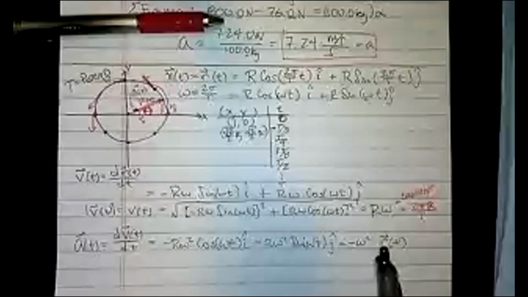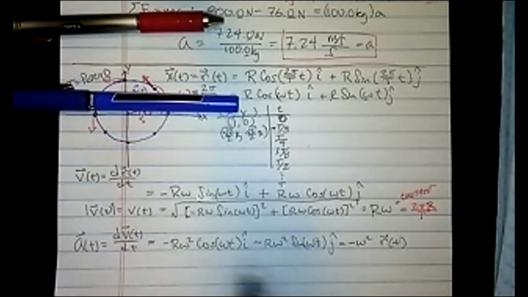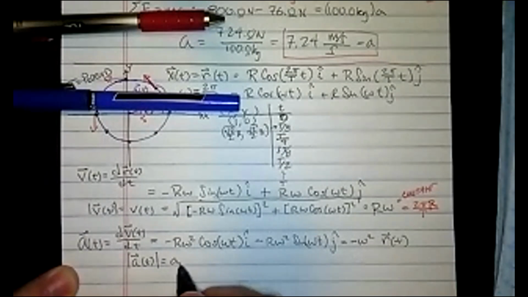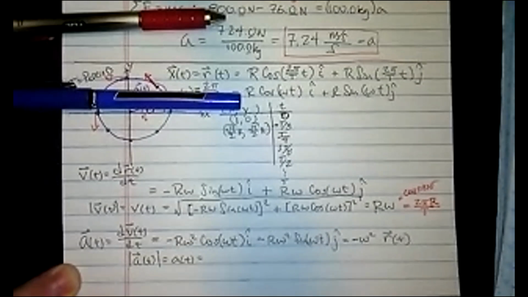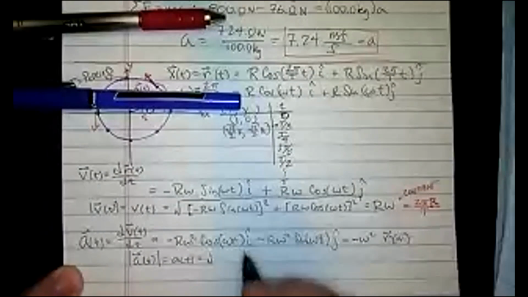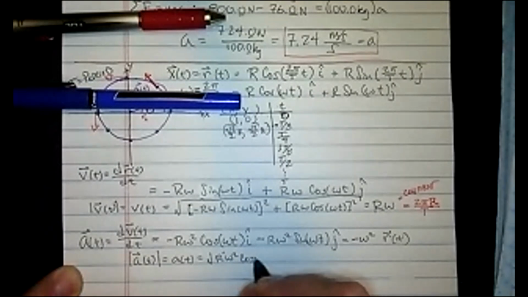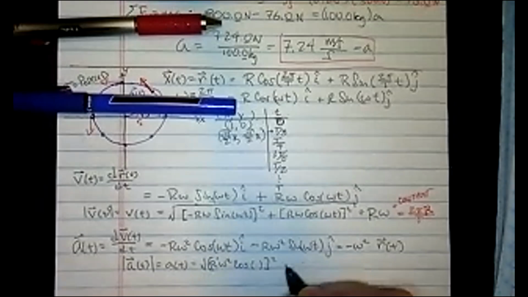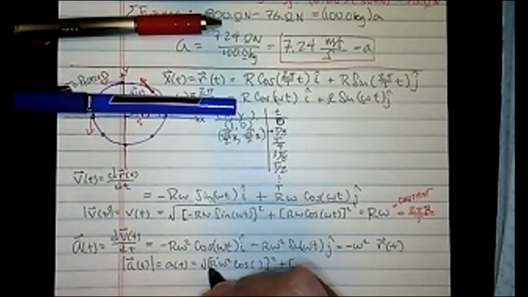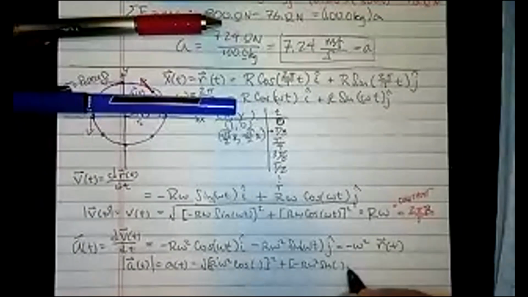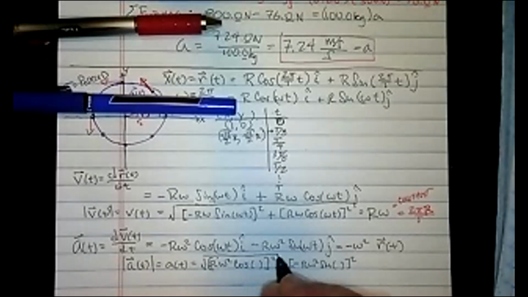And it's called the centripetal acceleration. And you can actually work out its magnitude. You can say, for instance, the magnitude of a of t. It might depend on t, you don't know, right? And lo and behold, when you do that, you get the square root of r omega squared cosine omega t, all that squared, plus negative r omega squared sine omega t, same inside, squared, square root of all that.